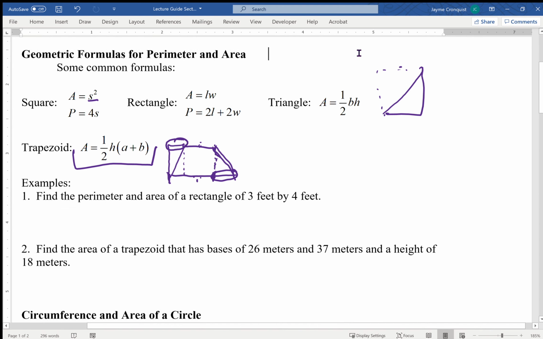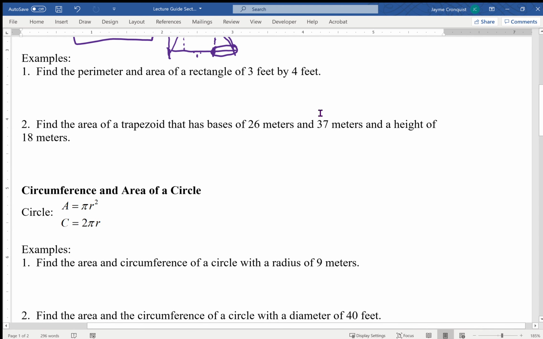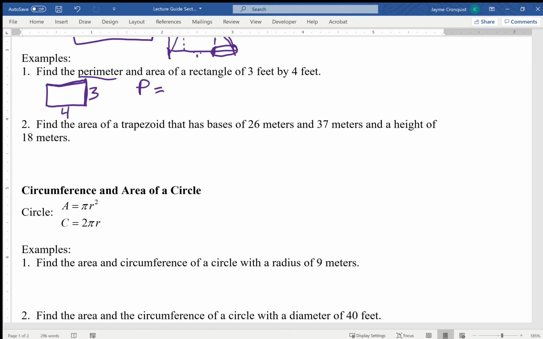All right, so let's look at examples. Find the perimeter and area of a rectangle, 3 feet by 4 feet. Okay, these are always easier if you draw them out. 3 feet is the shorter length, 4 feet is the longer. So the perimeter means the distance around the whole thing. So it's going to be 3 feet plus 4 feet plus 3 feet plus 4 feet.